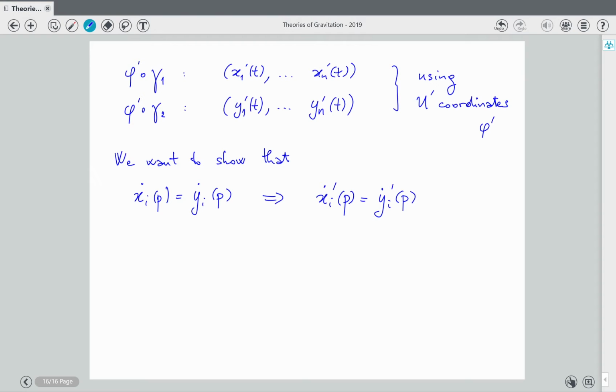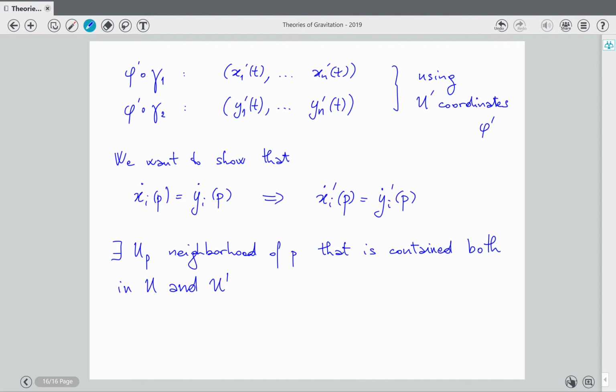So there exists UP, a neighborhood of P, that is contained in both U and U prime.